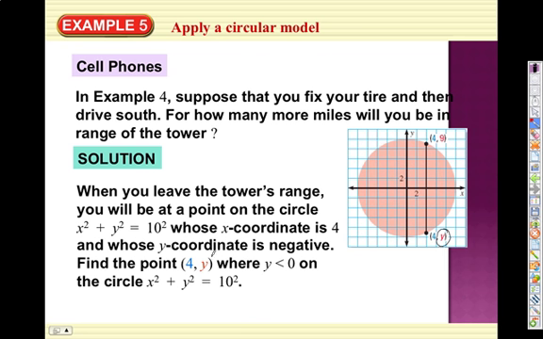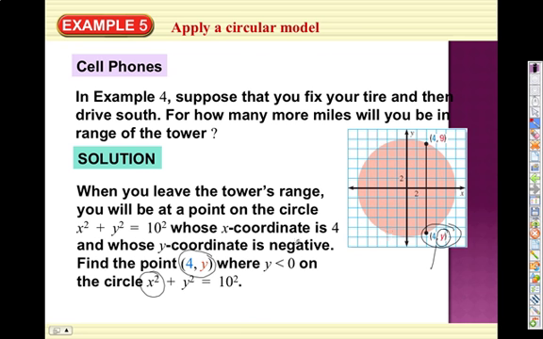So all we have to do is find this point, 4 comma y. How do you find it? On this circle, x squared plus y squared equals 10 squared, what do we know about this coordinate? We know the x value, right? So we're going to put our x value in here and solve for y.